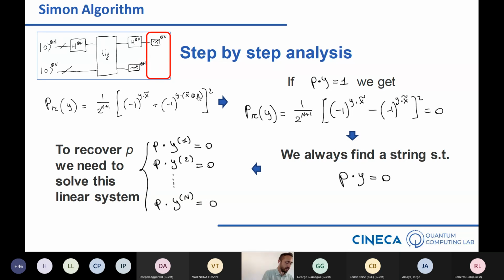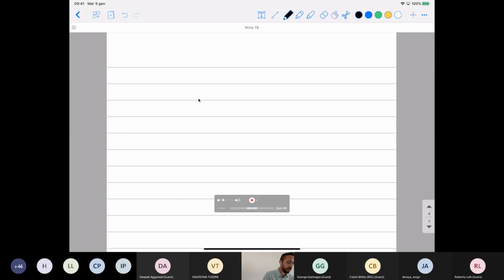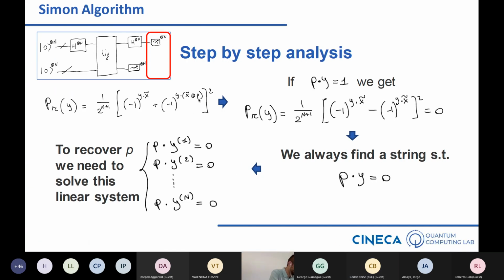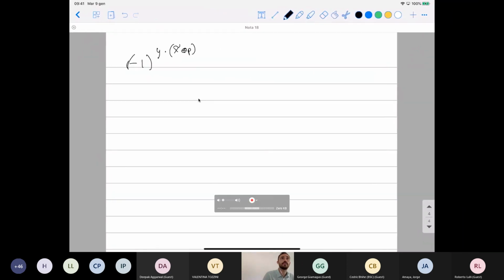Okay, let me write it here. Okay, we had, sorry, I don't remember. So we had minus 1 to the y times x. Okay, we had something like this. When y times p equals 1, what happens? So this can be written as minus 1 to the y times x plus y times p.